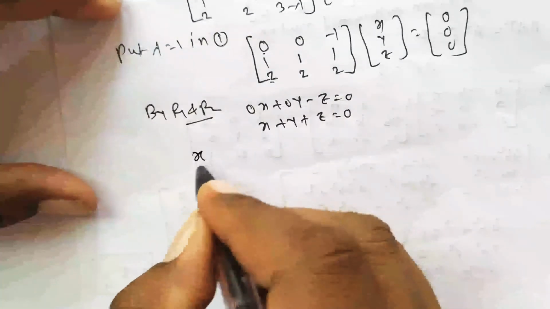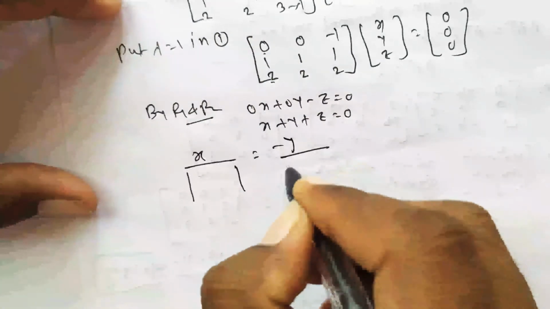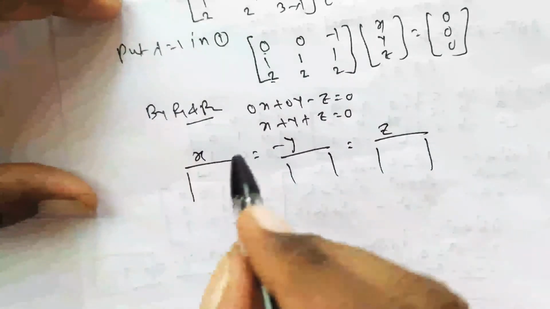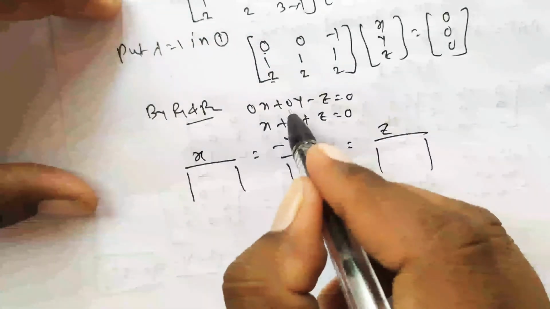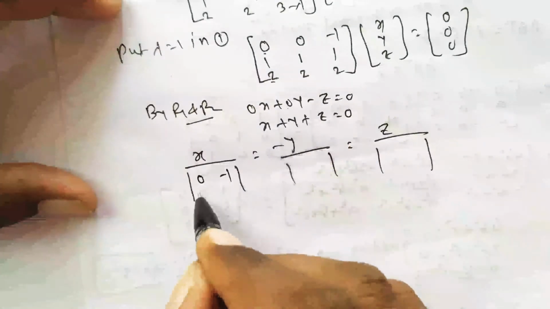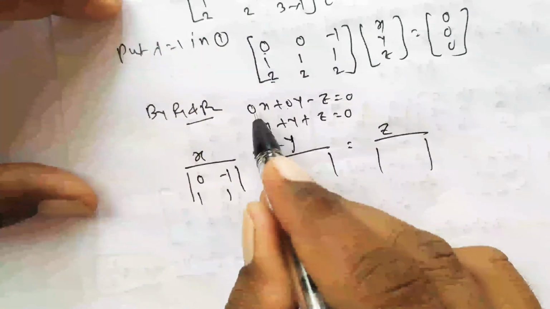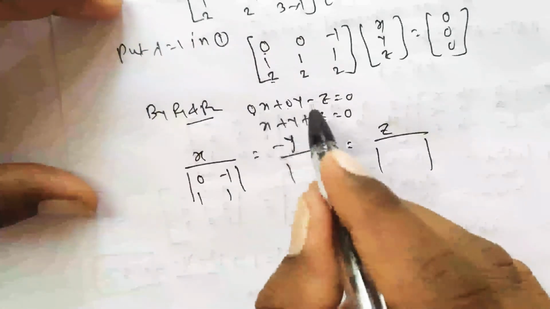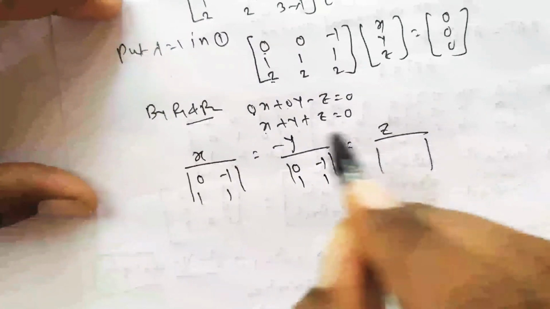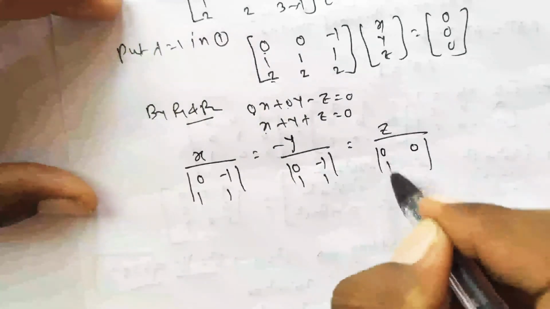Using Cramer's rule. So x upon determinant of, is equal to minus y upon determinant of, is equal to z upon determinant of. So x upon determinant of: write down the coefficients of y and z here, that is 0, minus 1, and 1, 1 from the first and second equations, is equal to minus y upon: write the coefficients of x from the first equation, 0, minus 1, and from the second equation 1, 1, equal to z upon the coefficients of x, which is 0 0, 1 1.